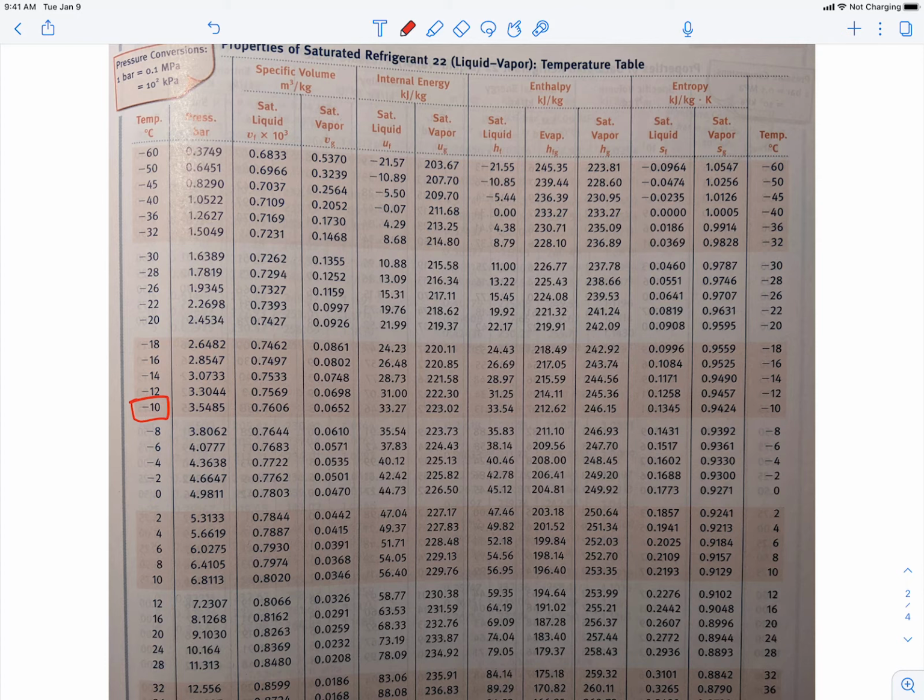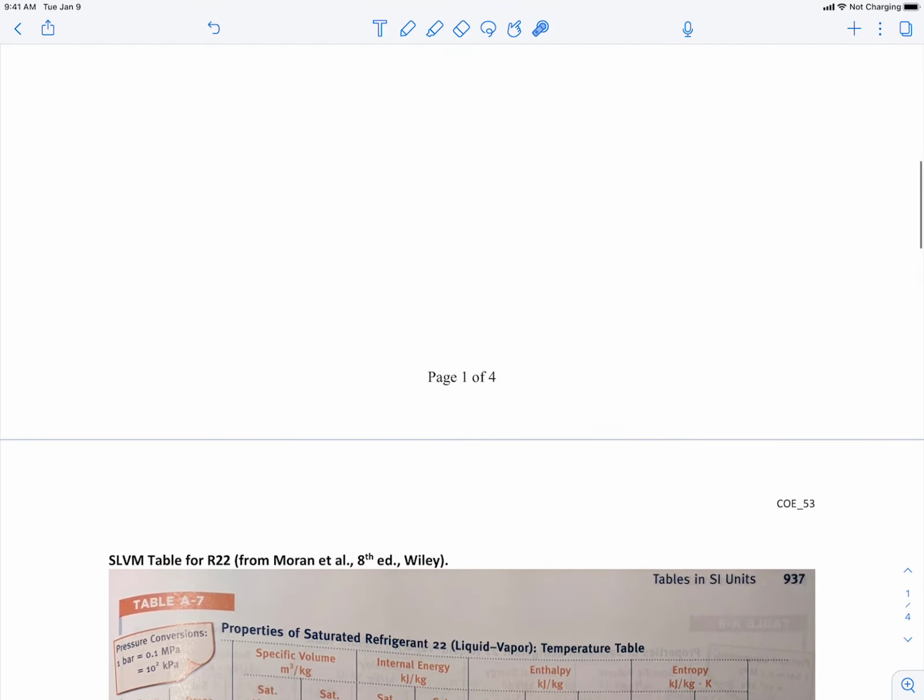And the specific volume, I'll just go ahead and note those. We're going to use that information in a moment. Those are the specific volumes, and here's the specific internal energies. This is what I'm most interested in at the moment. So here's the saturated liquid specific internal energy and the saturated vapor specific internal energy. So let's try to remember those numbers, and we'll come back up here and do the calculation.